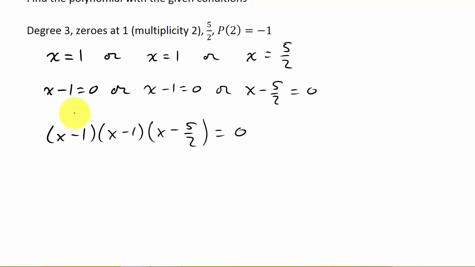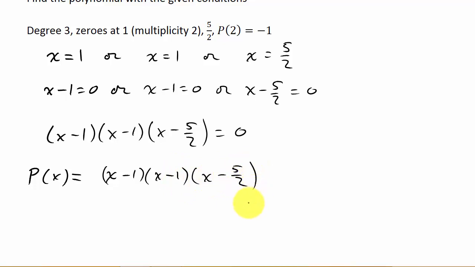So our polynomial p of x is going to be x minus 1 times x minus 1 times x minus 5/2, and then times a.